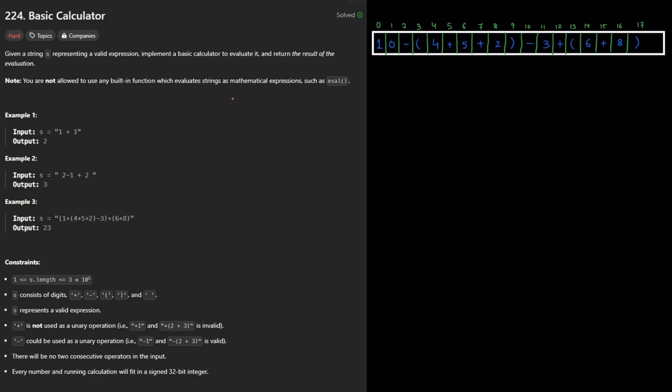Now, if I look into the problem statement, what are the things that we are going to get? We are going to get digits. We are going to get two types of sign, plus, minus, opening bracket and closing bracket. To solve this function, we are going to require a few variables. One would be the number.